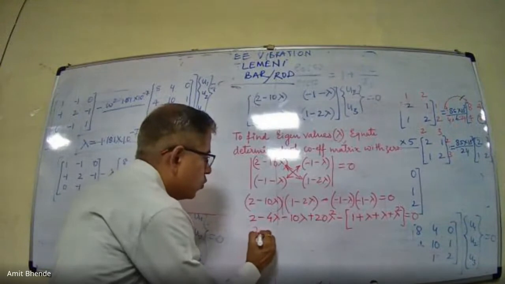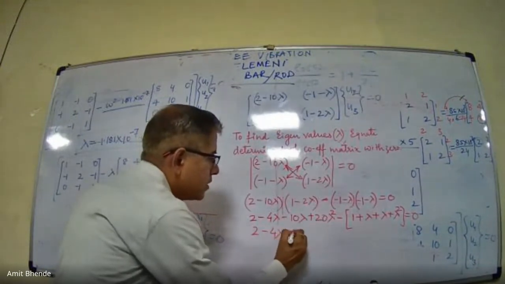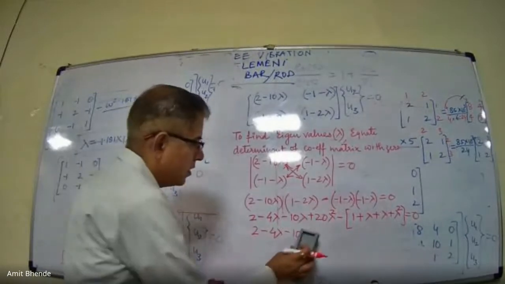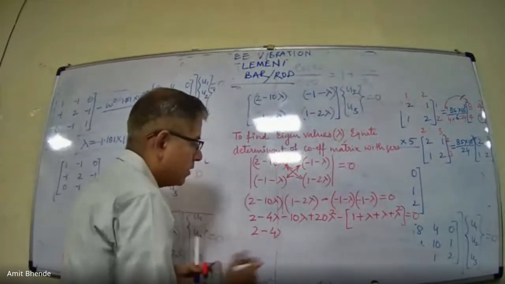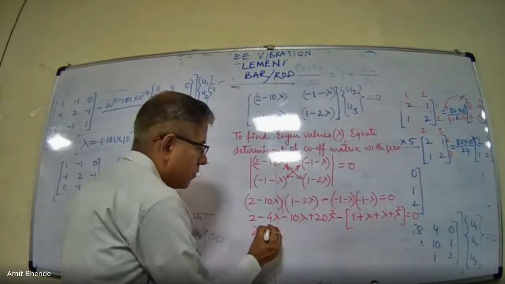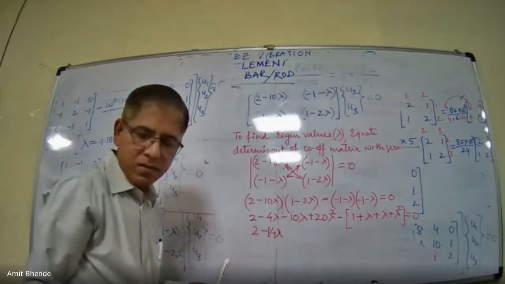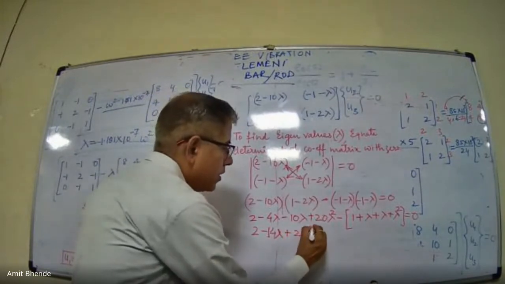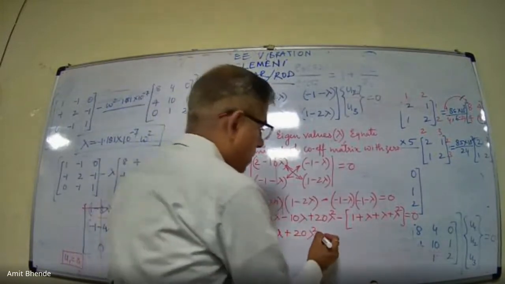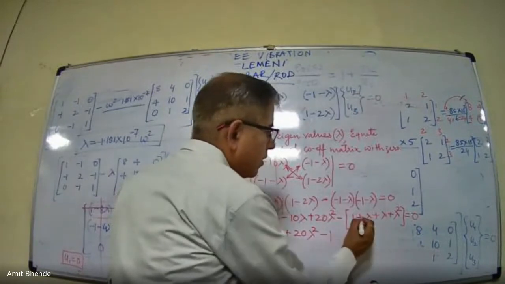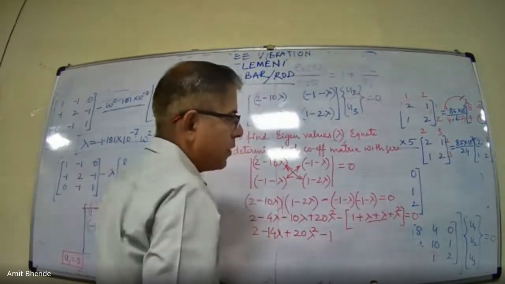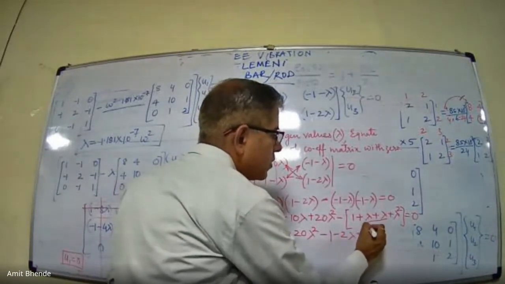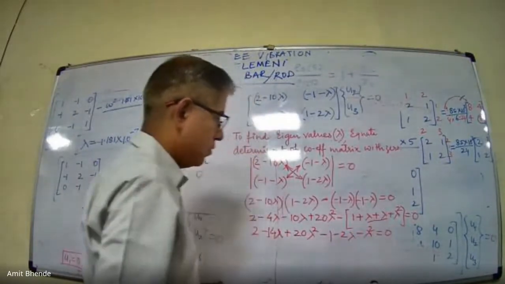So this is 2 minus 4 lambda minus 10 lambda, this becomes minus 14 lambda, plus 20 lambda square, minus 1 minus 2 lambda minus lambda square is equal to 0.